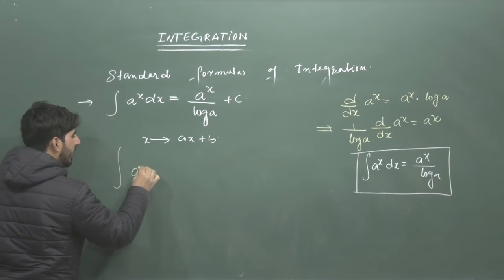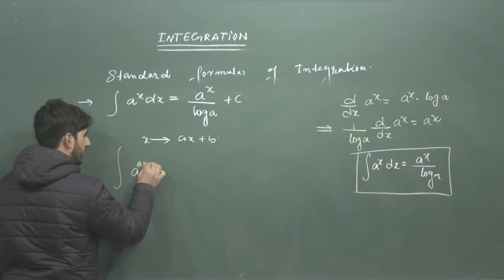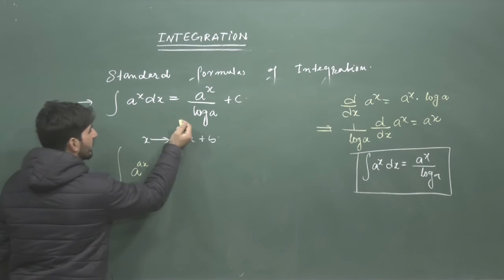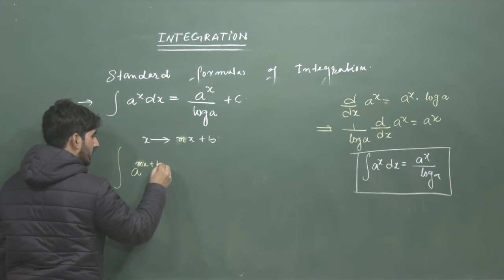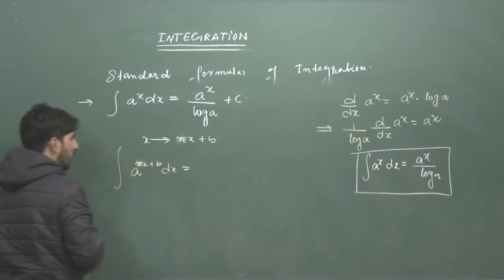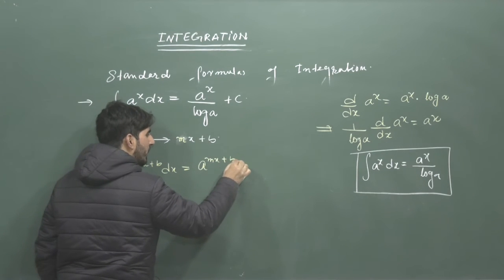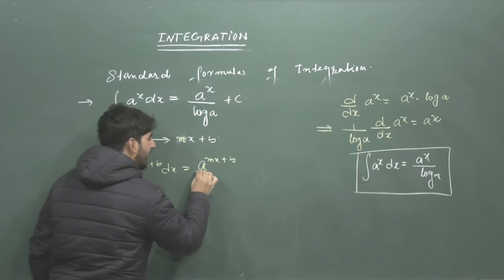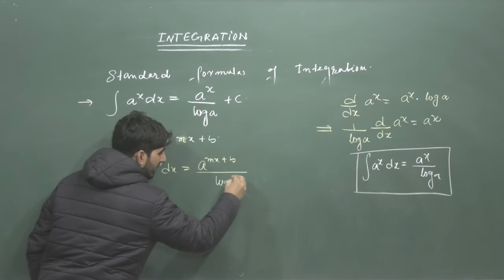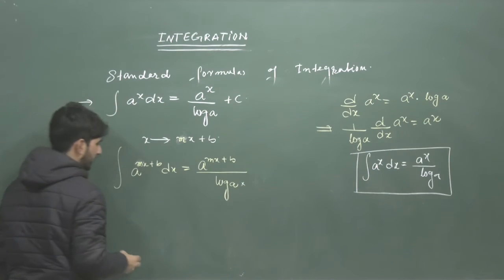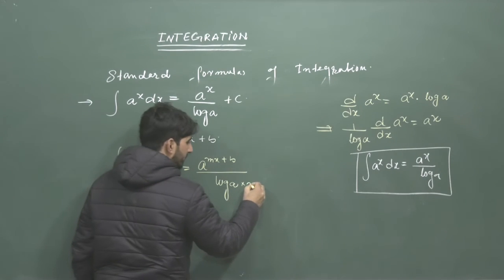Integration of a raised to power mx plus b is equal to a raised to power mx plus b divided by log a into internal differentiation of mx plus b, that is m.